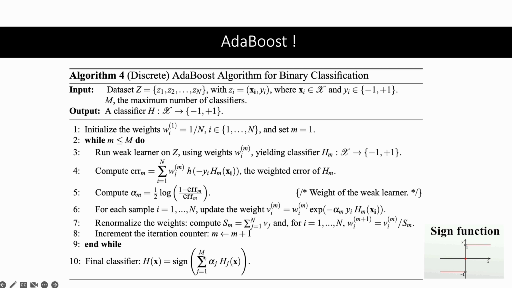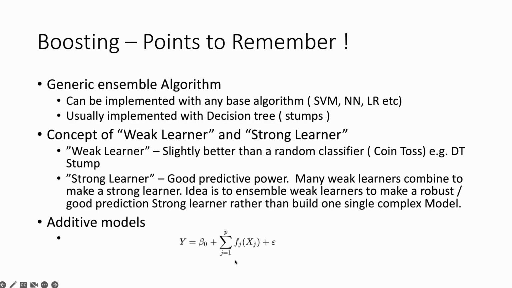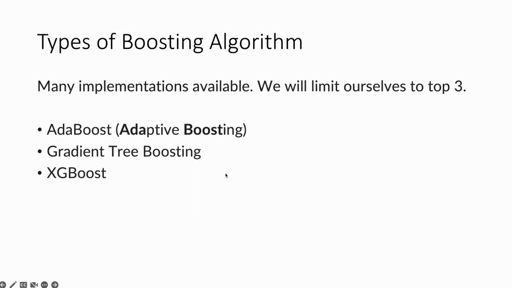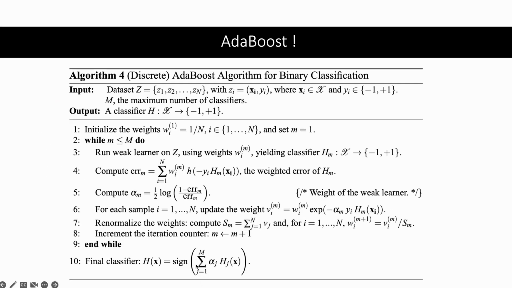And I'm summing all of them up from j equal to 1 to m. So all my model weights and their individual predictions, I'm summing them, additive model, right? Remember?